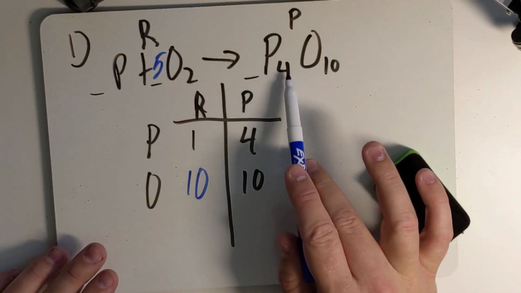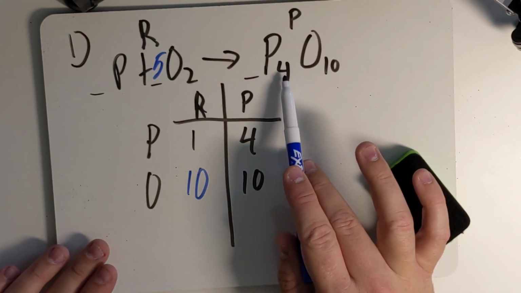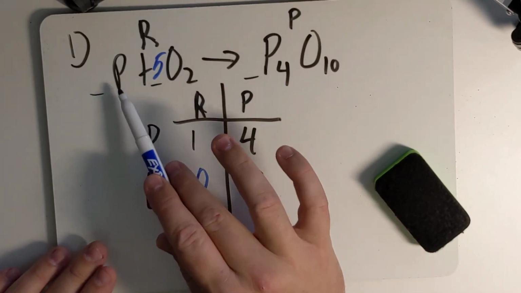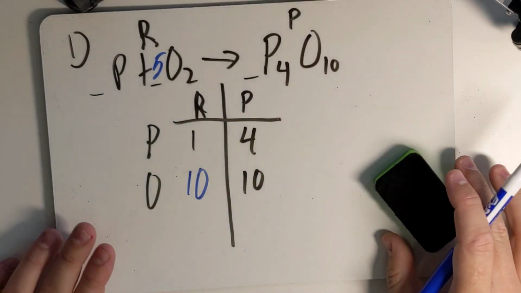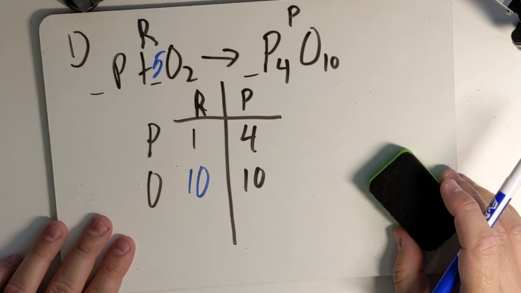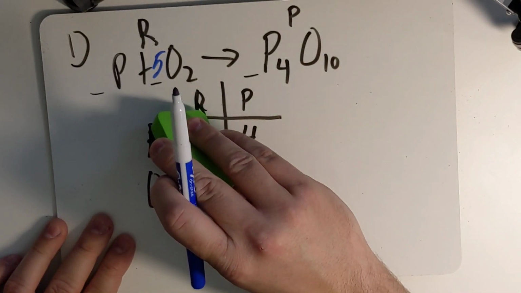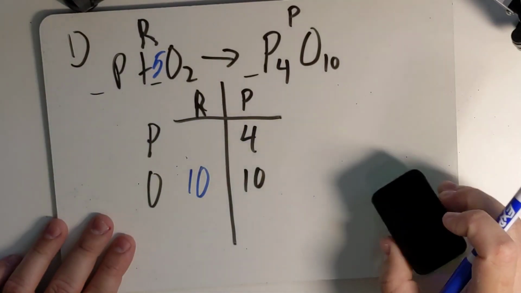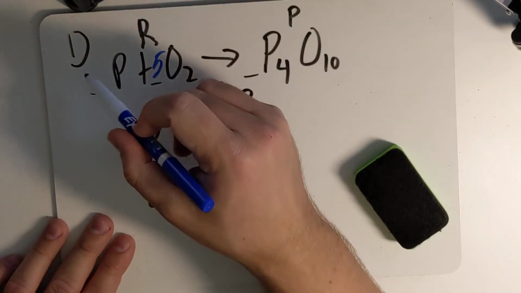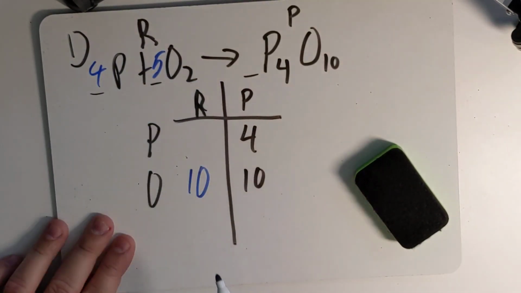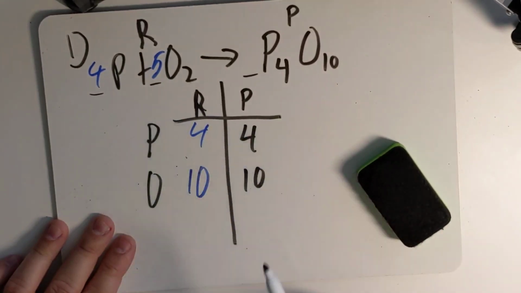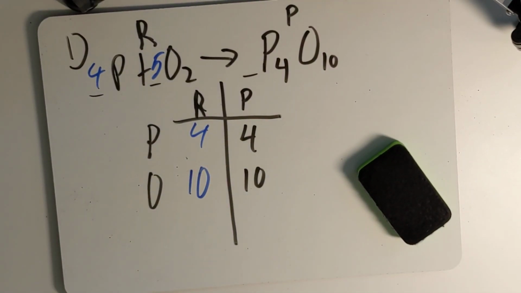And then we have 4 over here on the product side, and we have 1 over here on the reactant side of phosphorus. So we're going to erase this, and we need to find a number times 1 that will give us 4. That's obviously 4. And now this is a balanced chemical equation.